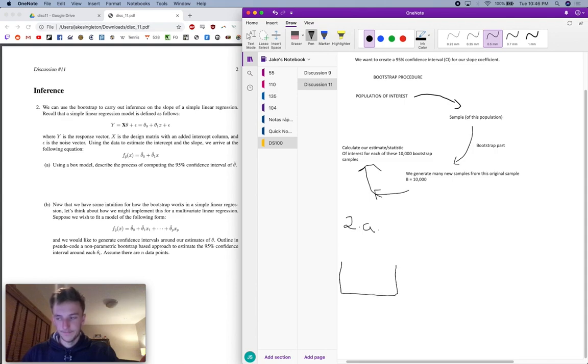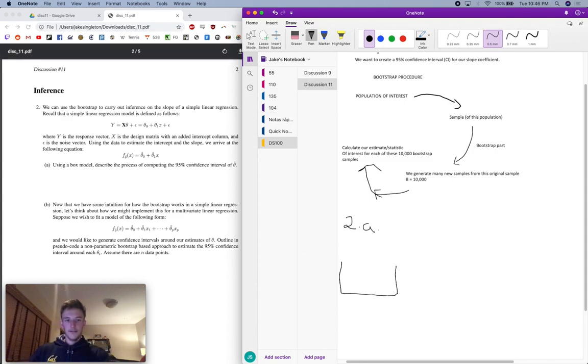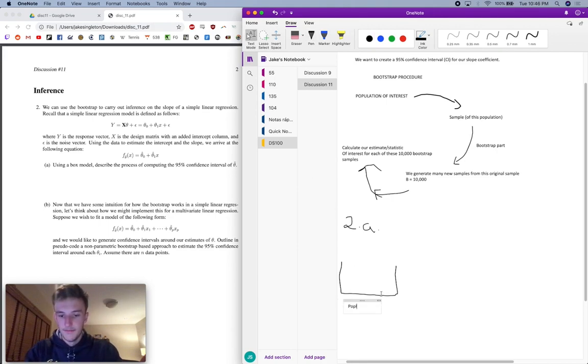Here we have our population, and we'll say it has size big N. Basically all this is, in this context, is a collection of tuples of information.